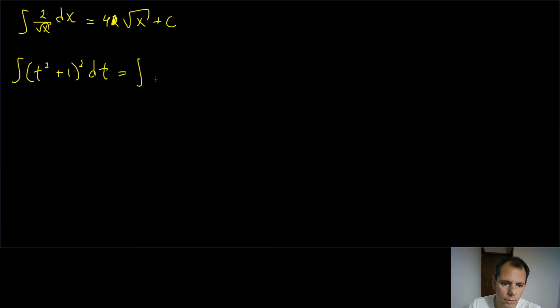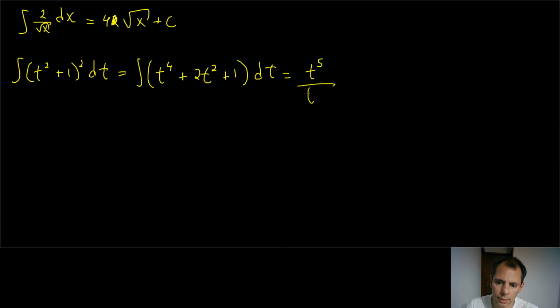So it's going to be the integral of t to the 4th plus 2t squared plus 1 dt. And when you integrate this stuff, it's going to be t to the 5th divided by 5 plus 2t cubed divided by 3 plus t plus c.